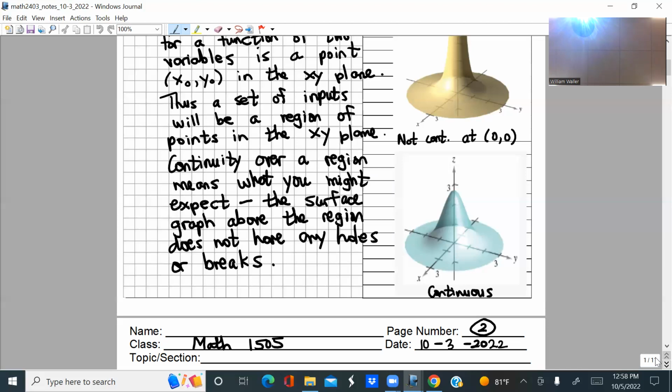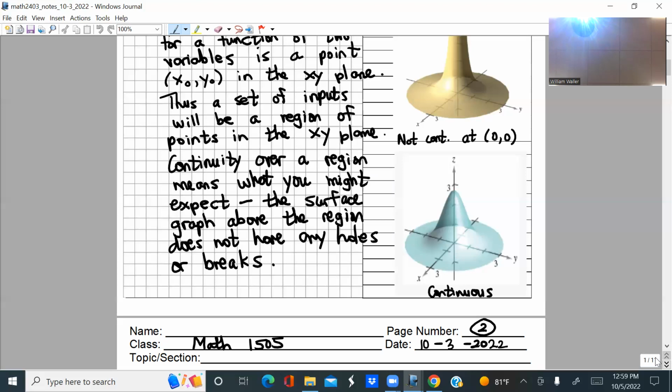Is the surface increasing or decreasing? However, that's a really tough question in 3 dimensions, because in 2 dimensions you only have to think, if I'm traveling from left to right along the x-axis, is the curve going up or is the curve going down? You're always thinking of moving from one direction along the x-axis.